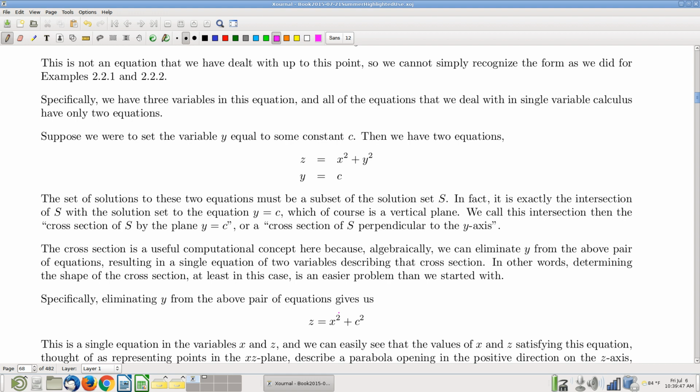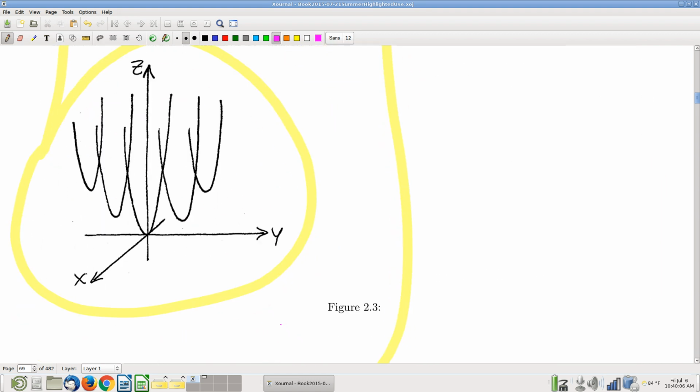This is a parabola that's pointing upward because of the positive sign, upward in the z direction, and it's been shifted upward by an amount c squared. Algebra 2.